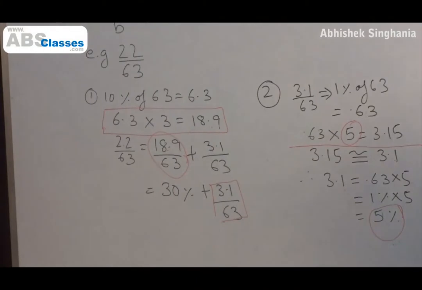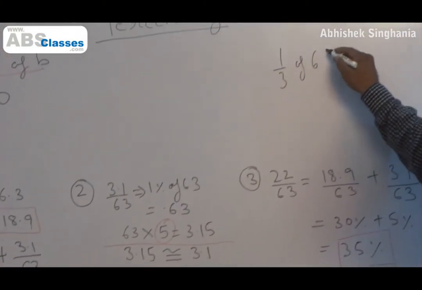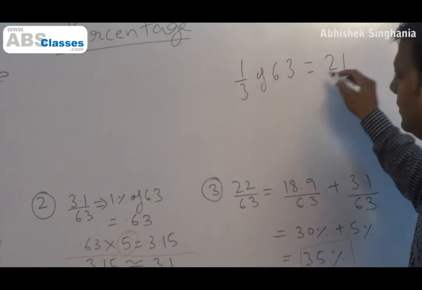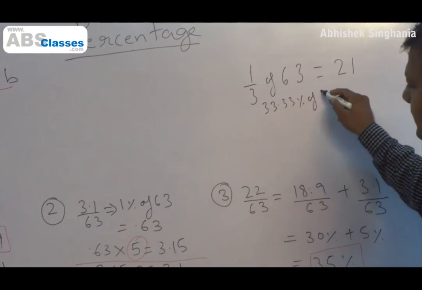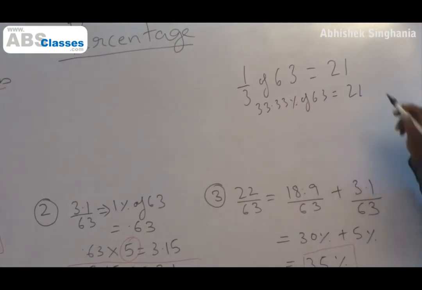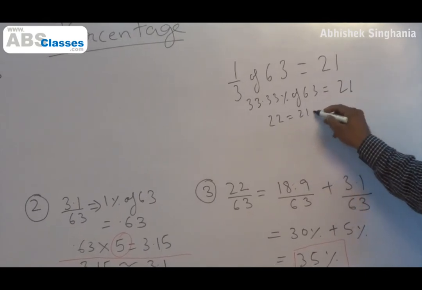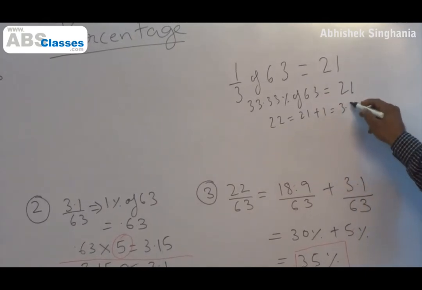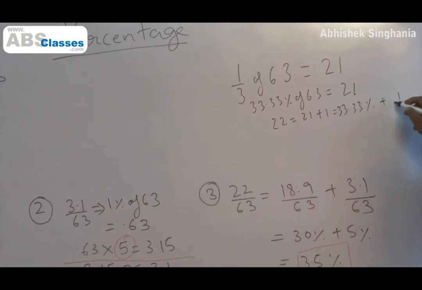What we could have done in that case is 1/3 of 63 is equal to 21, or 33.33% of 63 is equal to 21. Right? Now 22 is equal to 21 plus 1, which is equal to 33.33% of 63 plus 1 by 63.